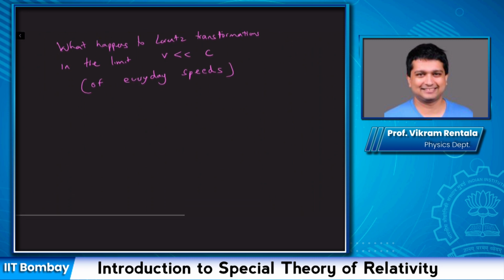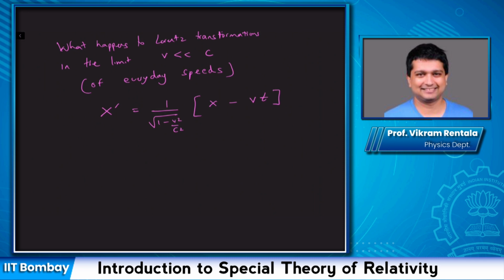So first, let's look at the equation for x prime. So x prime, which is the coordinates of the moving observer relative to a frame S, would look like this. It's 1 over square root of 1 minus v squared by c squared into x minus vt.